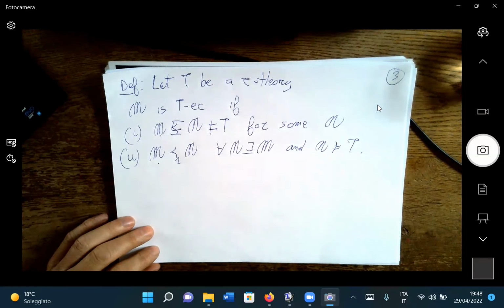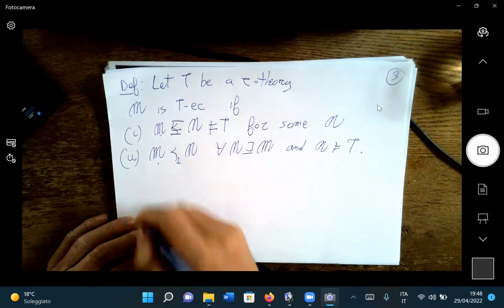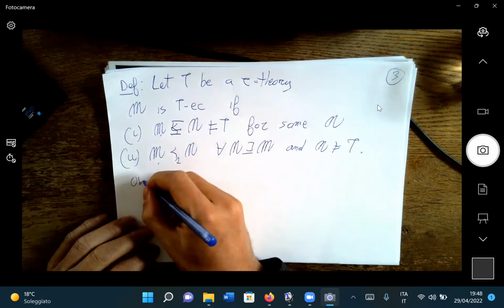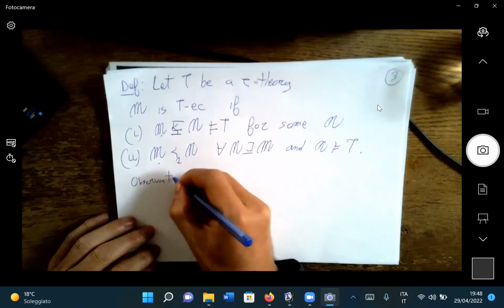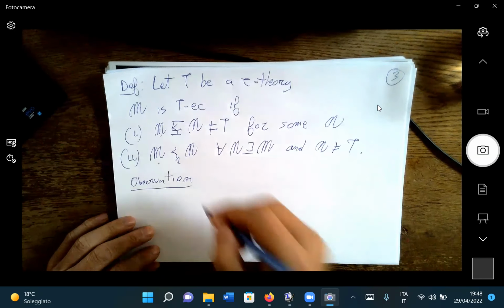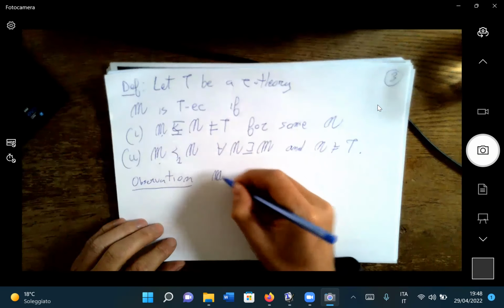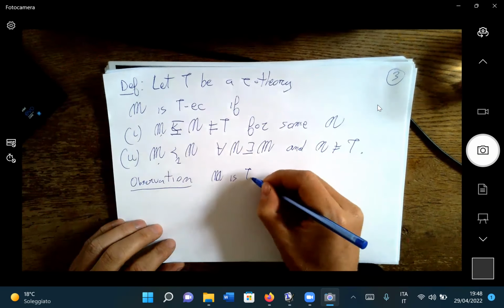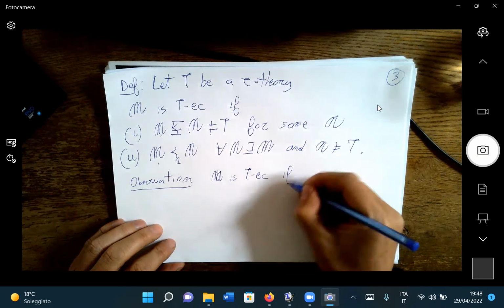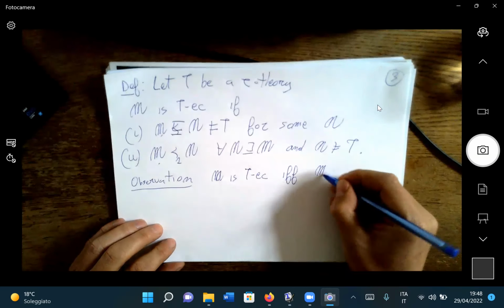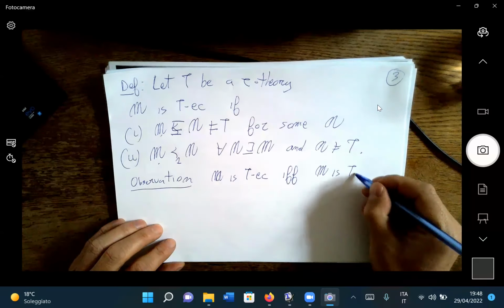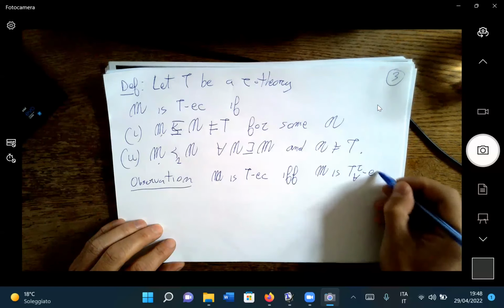Okay. So now the observation, which is at first a bit surprising, is that M is TEC if and only if M is T for all tau EC.